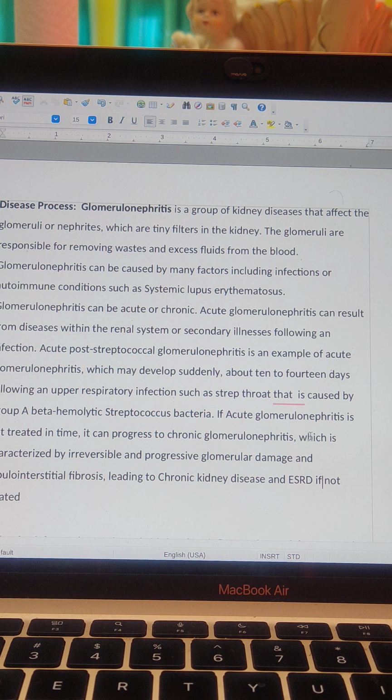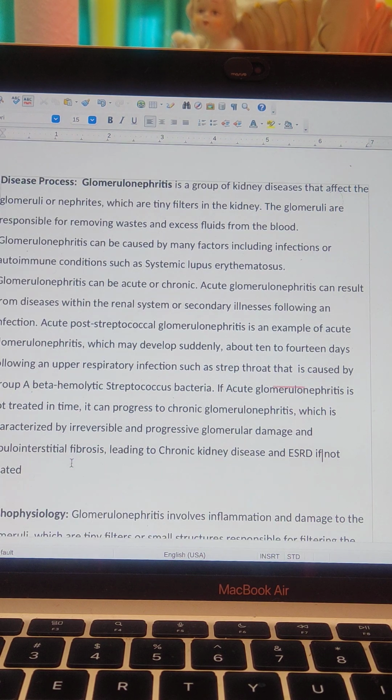If acute glomerulonephritis is not treated in time, it can progress to chronic glomerulonephritis, which is characterized by irreversible and progressive glomerular damage and tubulointerstitial fibrosis, leading to chronic kidney disease and end-stage renal failure if not treated.